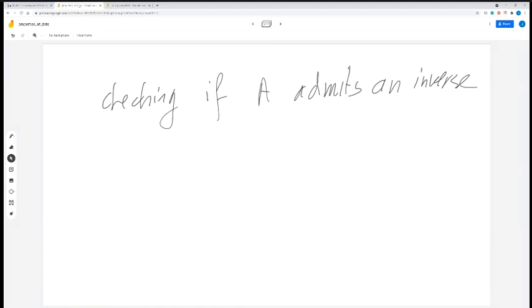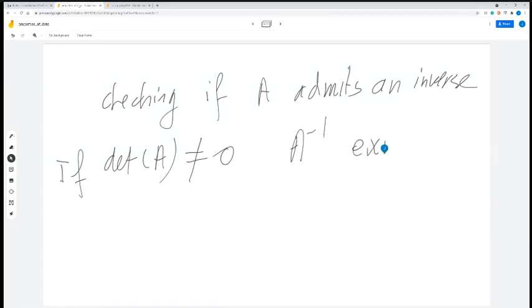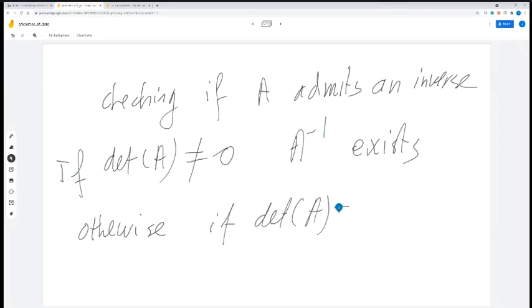What you do is calculate determinant A. If determinant A is not equal to 0, then A inverse exists. Otherwise, if determinant A is equal to 0, then A inverse does not exist. That's it.